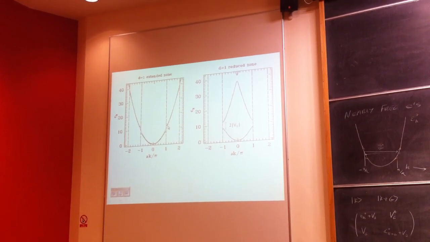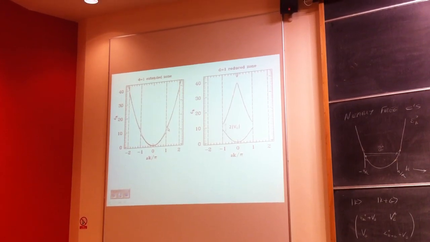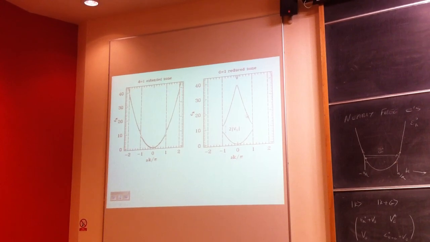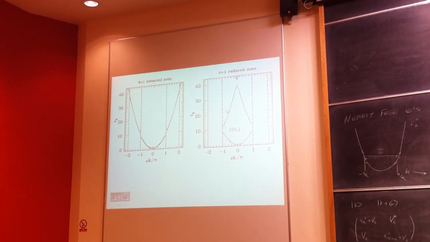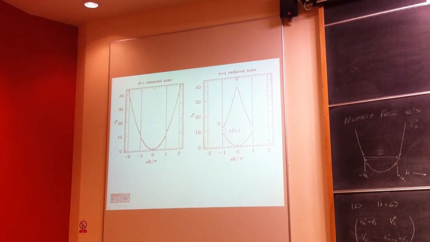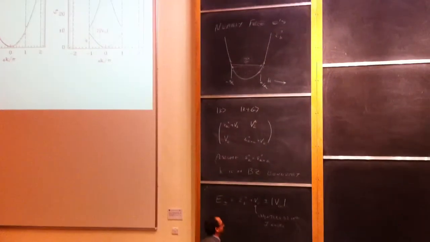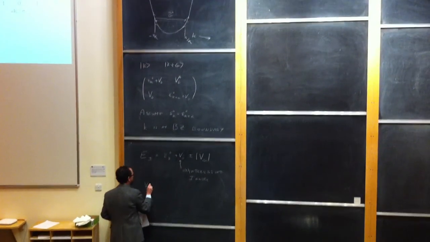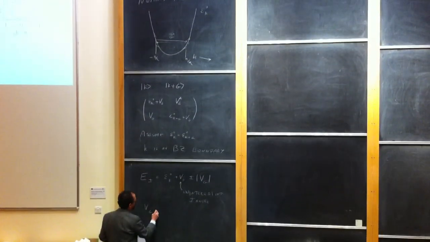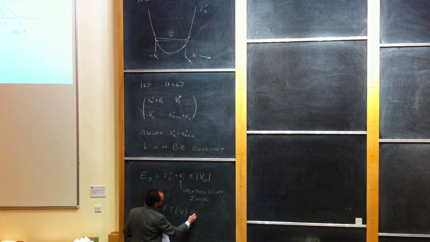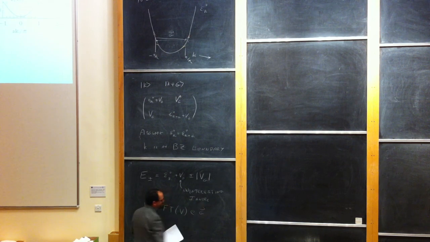Now, of course, Bloch's theorem tells us that we're allowed to plot everything within the first Brillouin zone. So I can move this piece of the dispersion curve to over here, this piece to over here, and we get a nice reduced zone scheme plot of the excitation spectrum, with the gap being 2 times V_G, that V_G, to remind you, being the Fourier transform of the periodic potential at wave vector G.